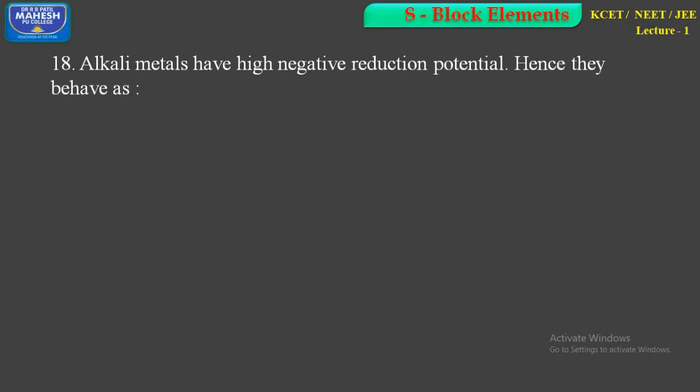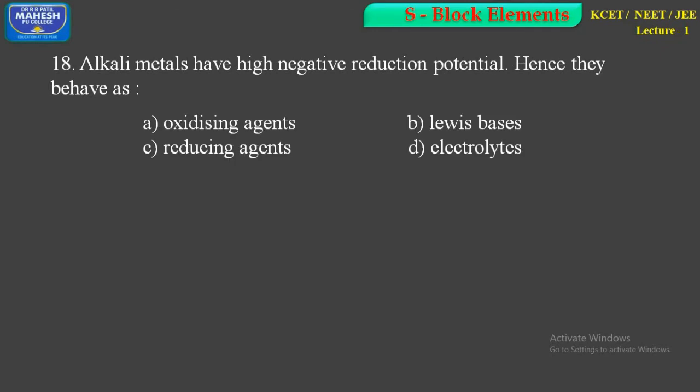Question 18. Alkali metals have high negative reduction potential, hence they behave as option A, oxidizing agents. Option B, Lewis bases. Option C, reducing agents. And option D, electrolytes. In this case, alkali metals behave as a reducing agent because they can very easily give one electron from their outermost shell.